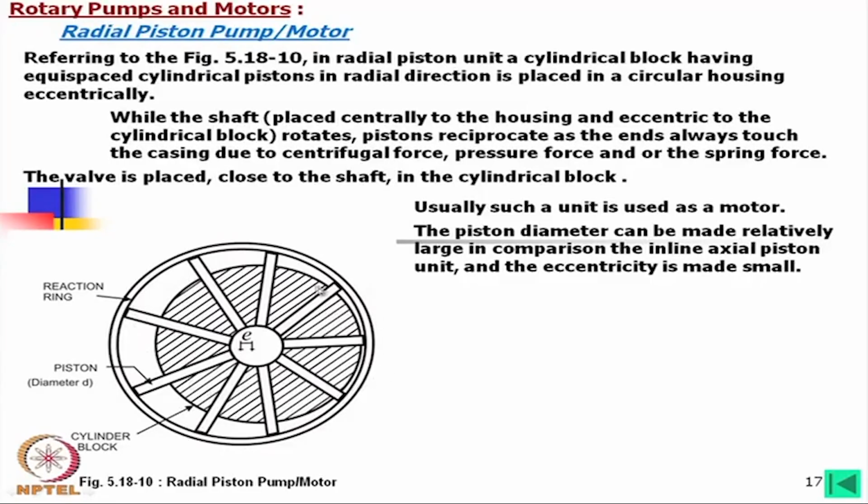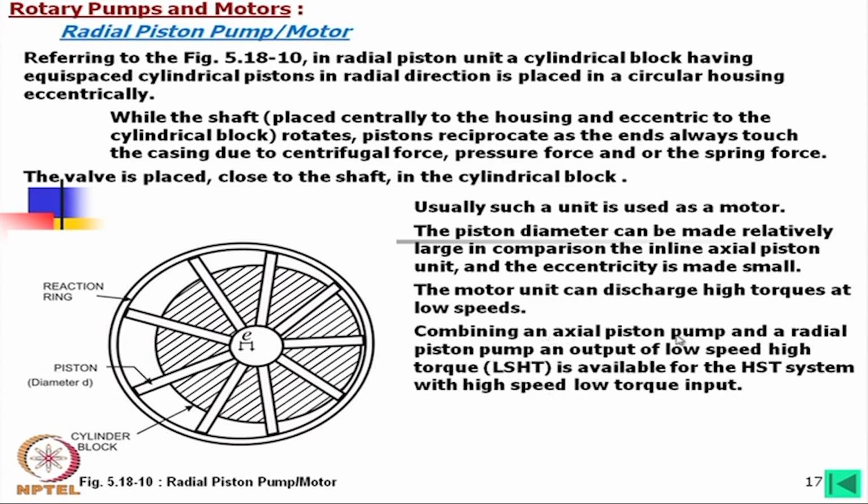Do you understand my point? For the same number of pistons, as the piston area we can increase, the displacement volume will increase, but due to this eccentricity, stroke length will be very less, area will be more, thrust it can generate, so more torque it can generate. So, these are usually used as low speed high torque hydraulic motors.